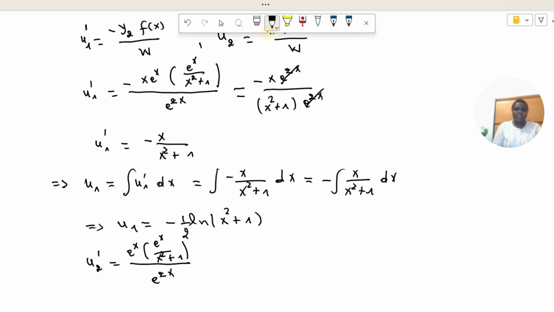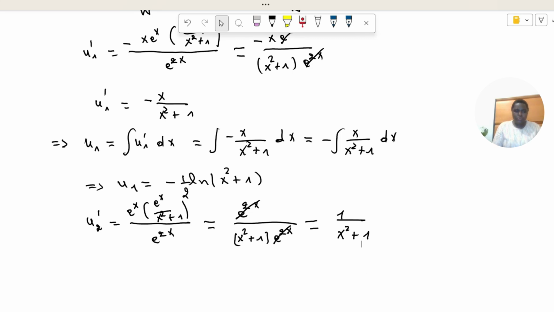This is equal to e power 2x over x squared plus 1 times e power 2x. So e power 2x and e power 2x simplify, and we remain with 1 over x squared plus 1. This is the derivative of our parameter u2.